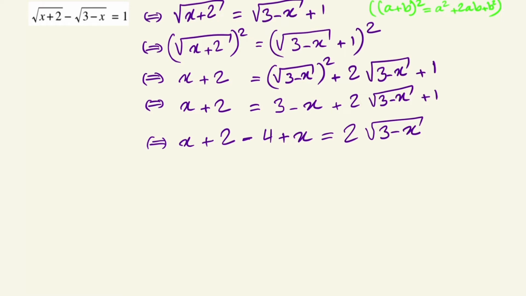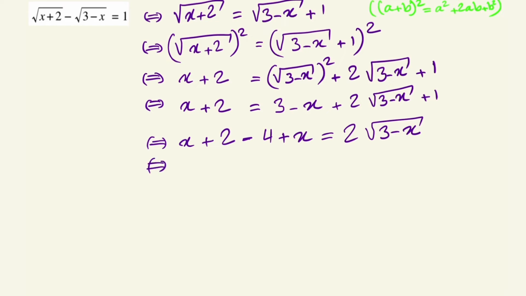So this 4 here is just 3 plus 1, which is 4, but since we move it after the equal, we change the sign, and this 2 we have it, we just have those numbers here, and this x, it was negative, we move it to this side and we make it positive.